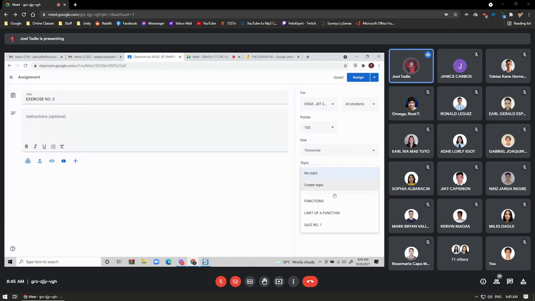Please submit this assignment before 12 midnight tomorrow, so you won't be late. So, the topic of exercise number 3 is the derivative, the increment method.